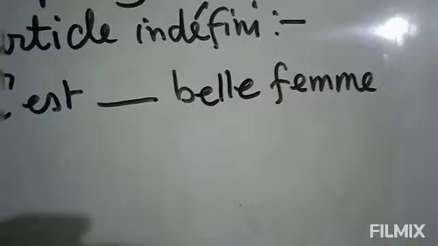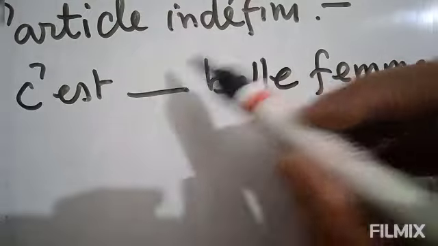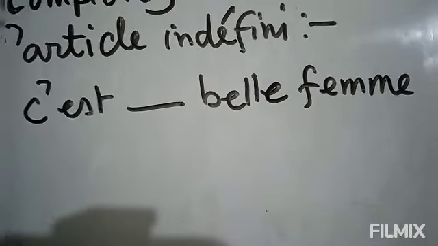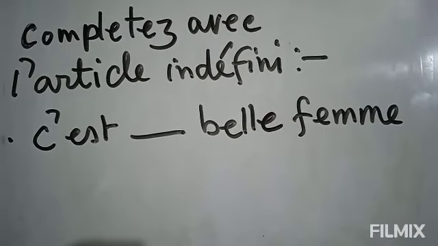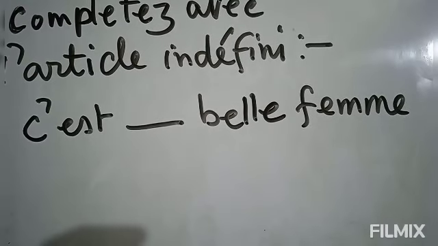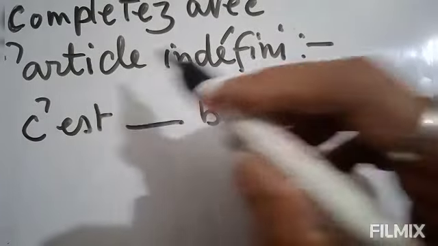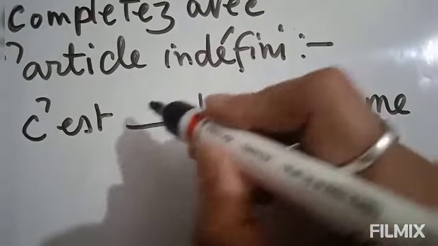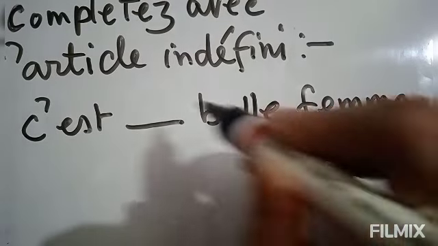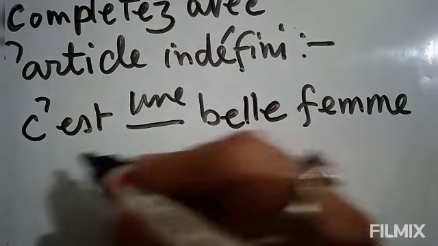What will be the proper indefinite article in the given blank? Complétez avec l'article indéfini means complete the sentence with the indefinite article. You have to consider this one is female and singular, so you have to put une. Une is the answer.